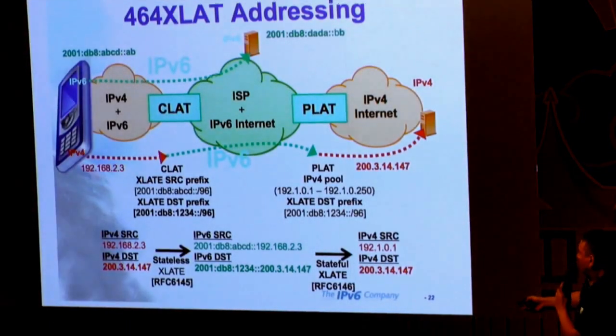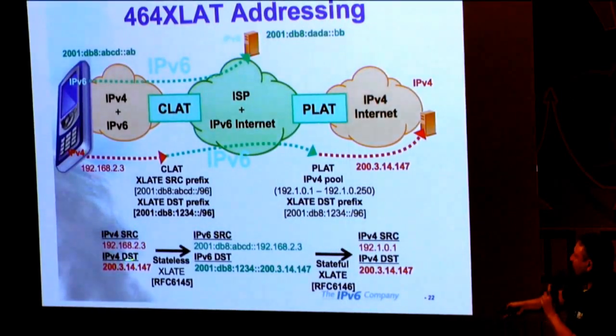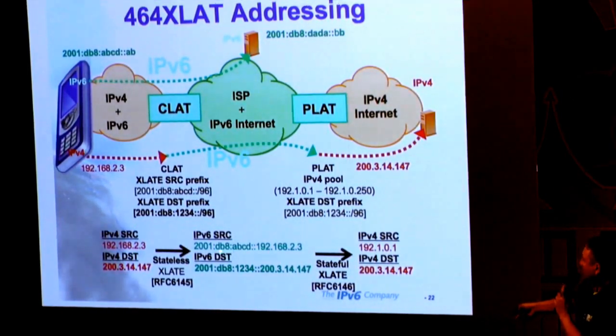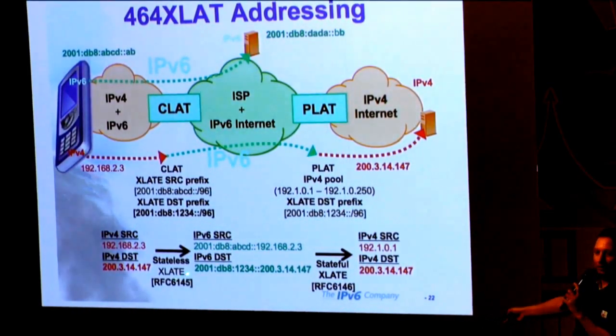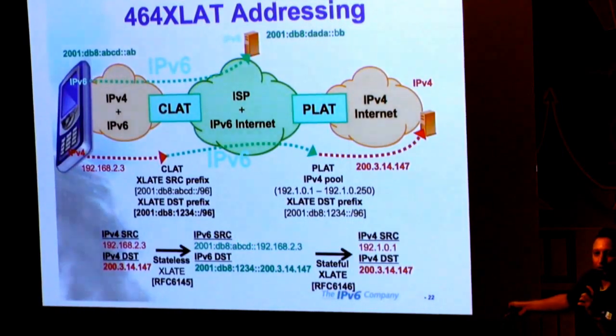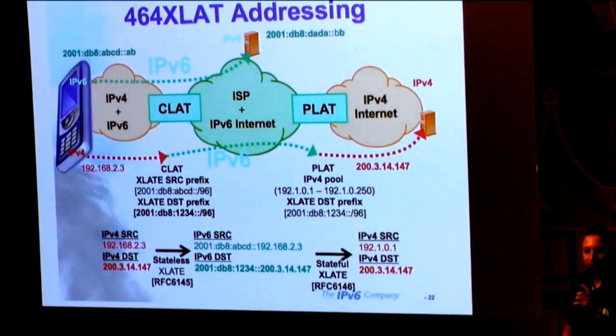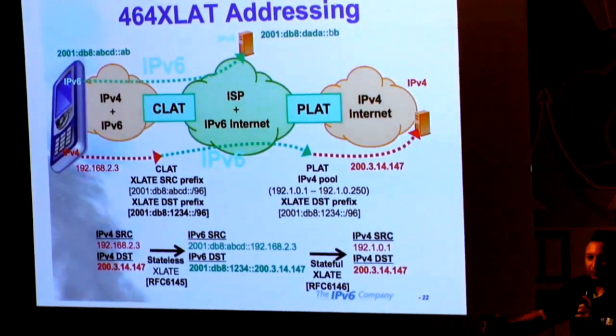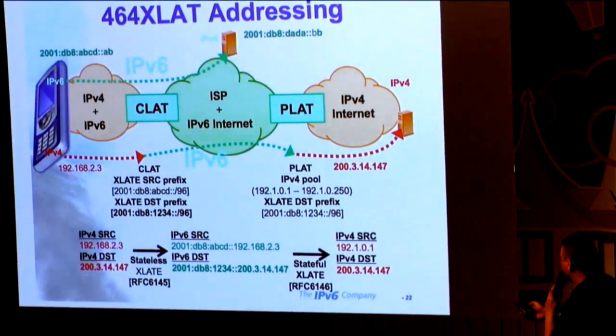And then what happens is that the source address gets embedded in the source prefix. You see, ABCD, ABCD, then the source IPv4 address. So that's an IPv6 address. It's just adding the prefix to the IPv4 address.